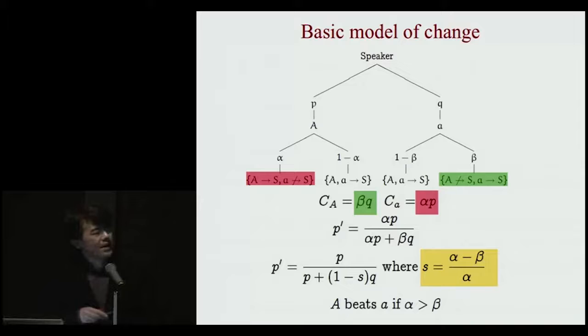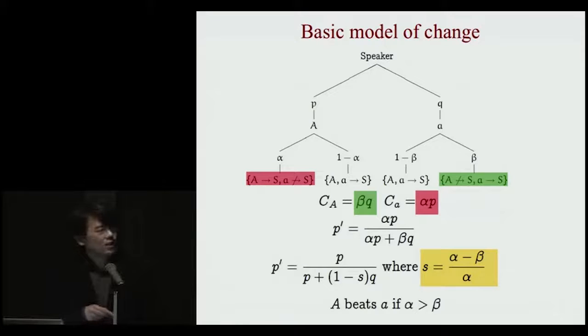But let's say big A has some probability alpha of producing a sentence that small a cannot handle, and small a has some probability beta of producing some expression that big A cannot handle. Because these weights are P and Q, the probability of big A being penalized is going to be exactly the probability of the speaker choosing small a and the speaker producing a token that big A cannot handle, so that's beta times Q, and also this is alpha times P.